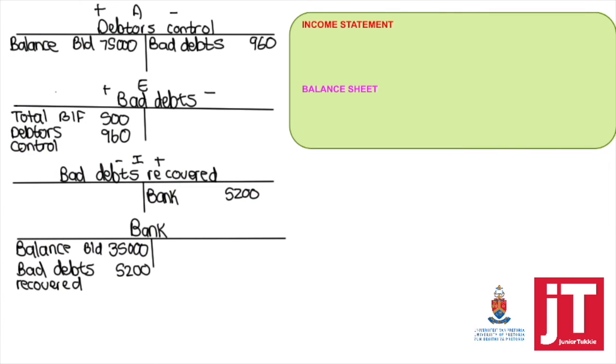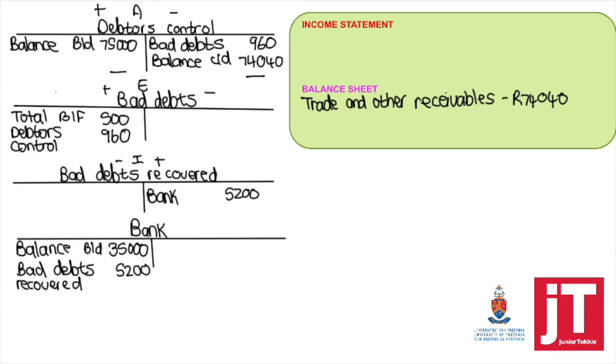To show the amounts in our financial statements, my new balance for debtors control will appear in trade and other receivables, 74,040. A reminder: do not show the amount which the debtor Matthew paid. This has been recorded, so you only need to show the bad debts.